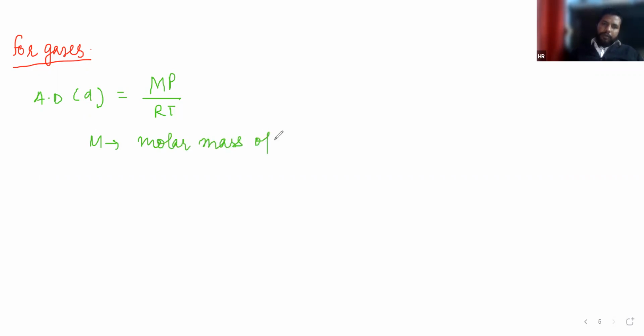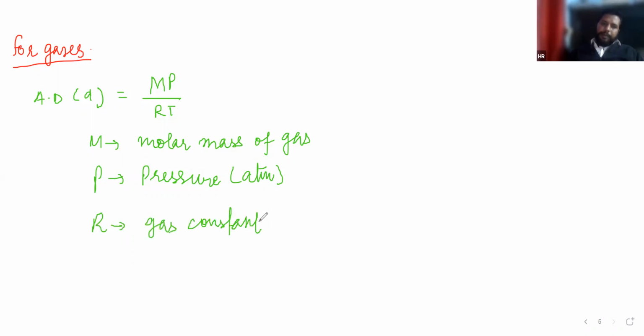P is for pressure, which will be in atm, or it can be in bar also. R is the gas constant, which has a value equal to 0.0821 liter atm per mole per Kelvin.